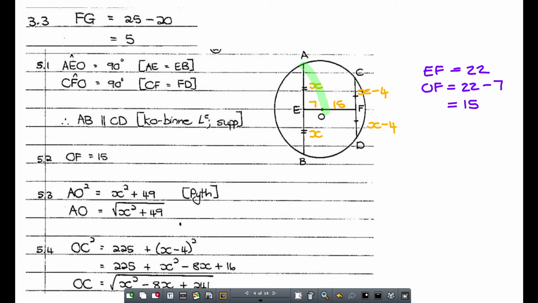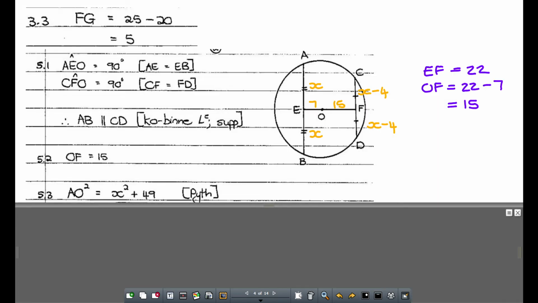Okay, nou sal jy sien, sê ek hier vir jou, ek gaan nou so toemaak, dat jy stukkie kan sien. So as ek nou werk in hierdie driehoekie, daai ene, then AO squared is equal to X squared plus eintlik 7 kwadraat, and that's how they got to the 49. Nee? En dis as gevolg van Pythagoras.